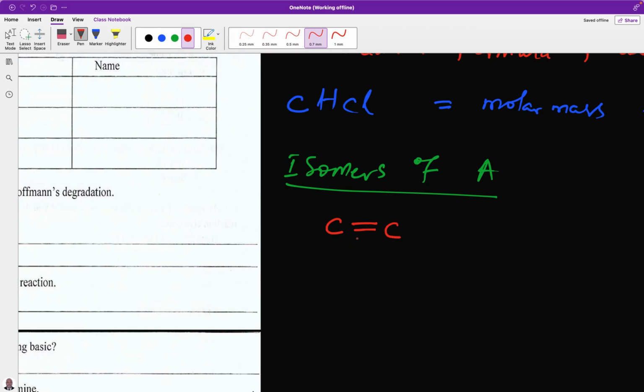Then we have a hydrogen here, and another hydrogen here, and there are two chlorines. This is chlorine here, and this is another chlorine here.